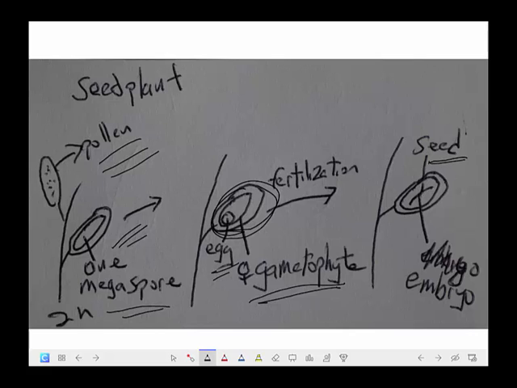It becomes what is called a seed, and there's the embryo sporophyte. So it's not only the gametophyte that's within the sporophyte's tissues, but actually the next generation of sporophytes. So that's what seed plants do. They're extremely heterosporous, and the female gametophyte is retained within the megasporangium.